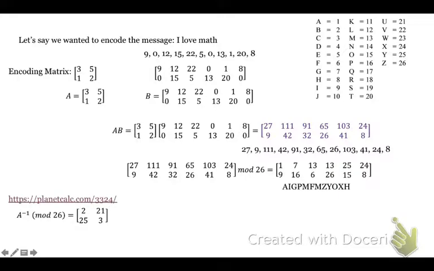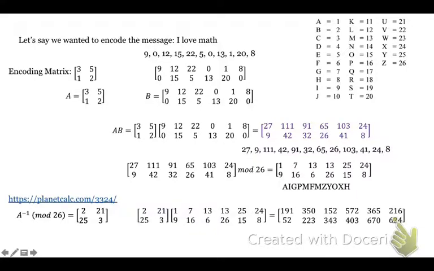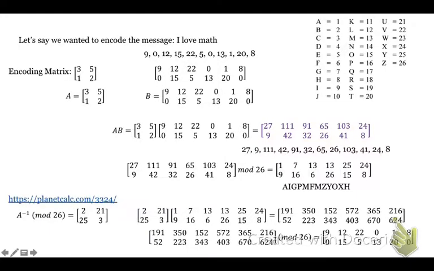Now I can take this A inverse mod 26 and multiply it by what I started with mod 26, and I end at 191, 52, 350, 223, all these big numbers. But if I do those all mod 26, I end up at the 9, 0, 12, 15, which is what I had right here.